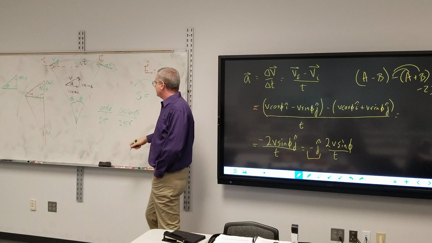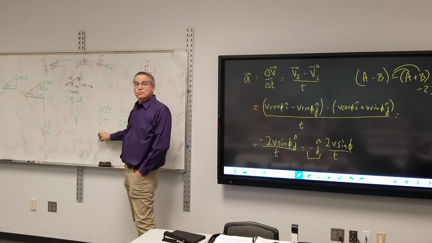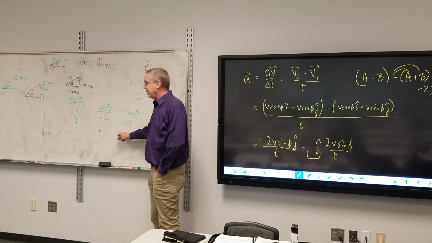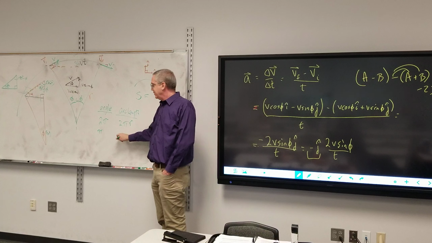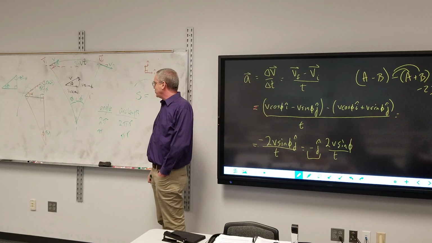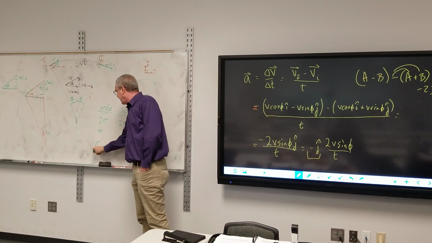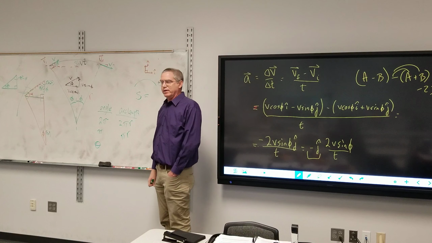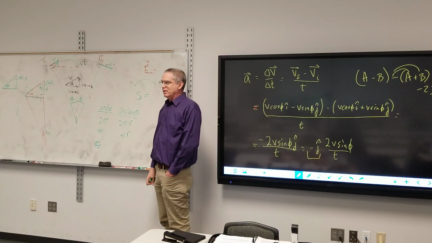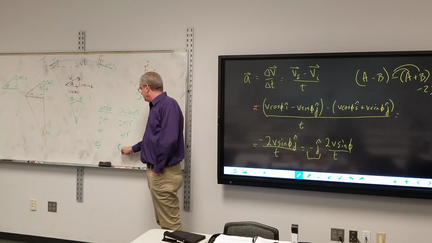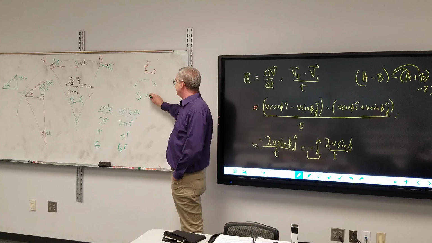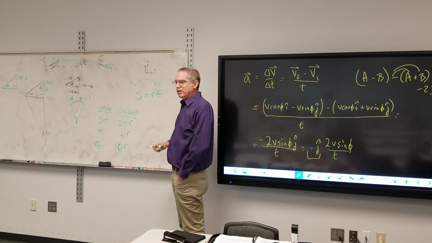The angle is pi, and the arc length? Is there some sort of pattern? If I gave you just some generic angle here, theta, what would the arc length be? Theta r. So the arc length is just r theta or theta r, depends upon your mood.